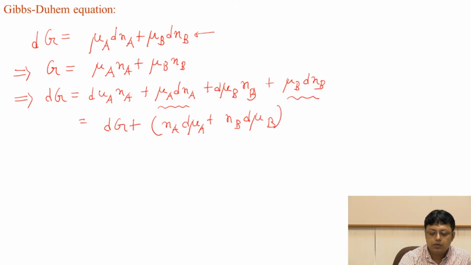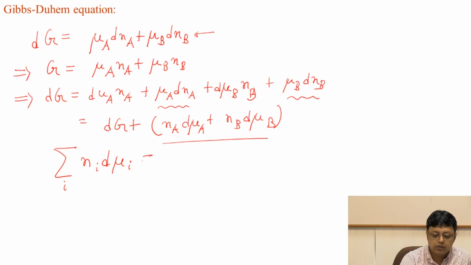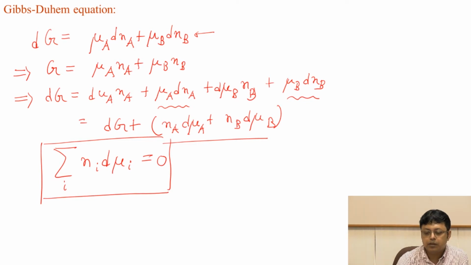So we see that this term must be 0, or in general, written as a summation for any arbitrary number of components, the sum over Ni d mu i should be 0. This equation is known as the Gibbs-Duhem equation. What is the importance of this equation? Suppose we are dealing with two components.